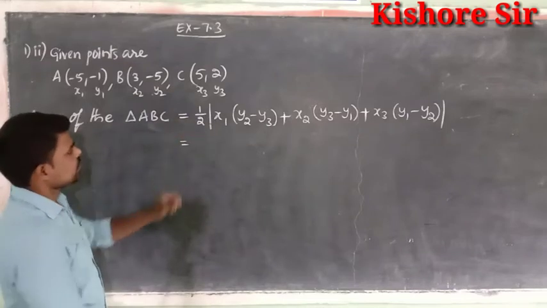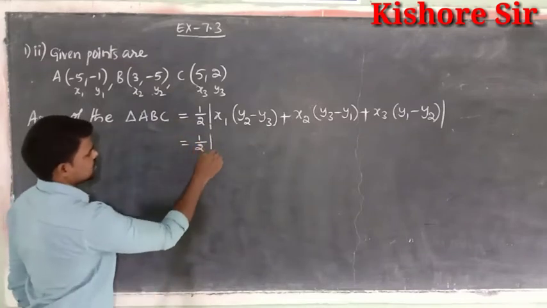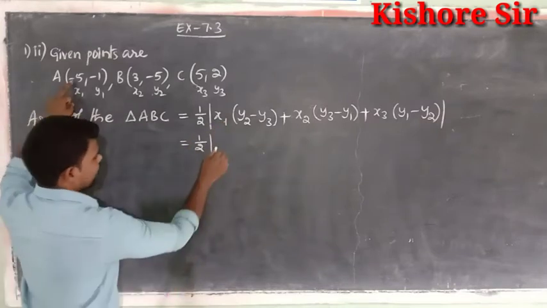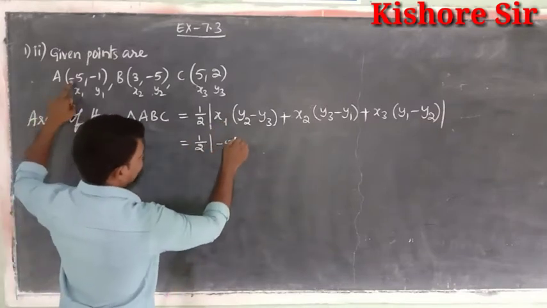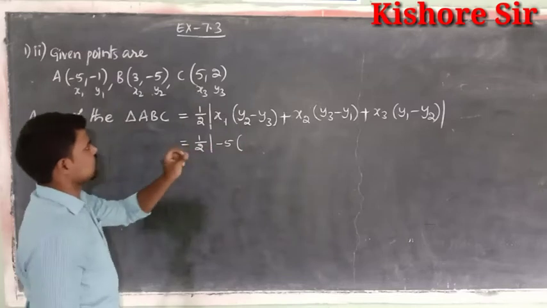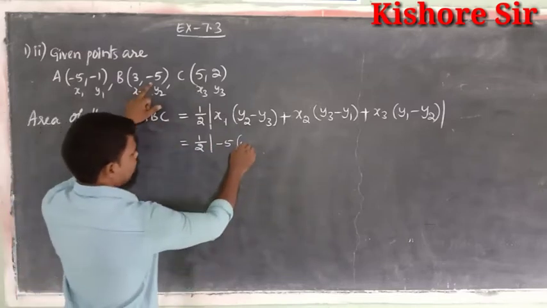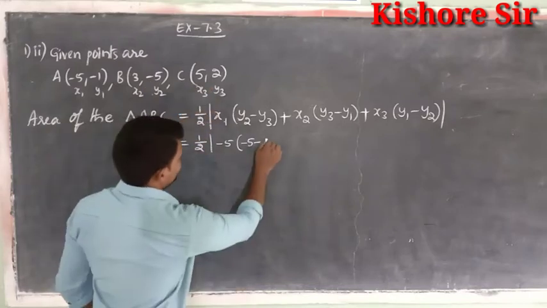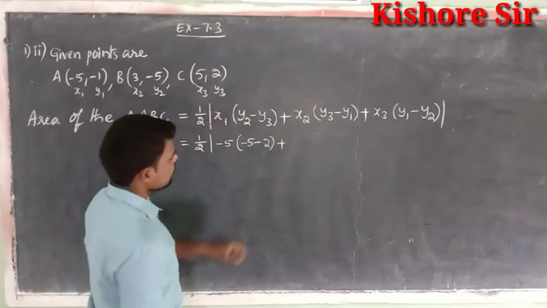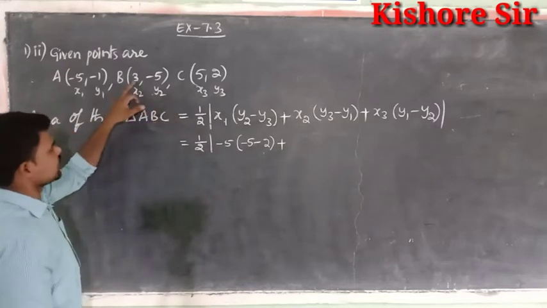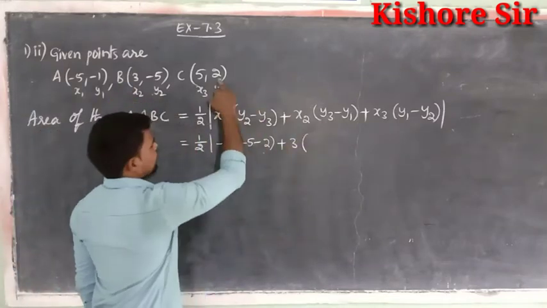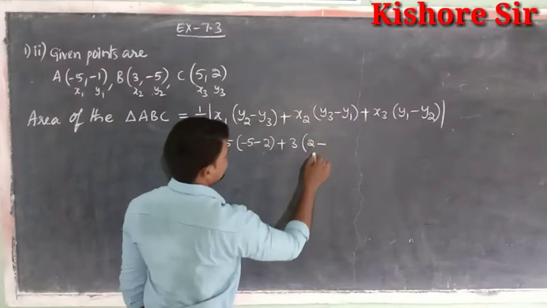Substitute here: 1 by 2 modulus x1. The value of x1 is minus 5, into y2, whose value is minus 5, minus y3, which is 2, plus x2. The value of x2 is 3, into y3 value 2 minus y1.